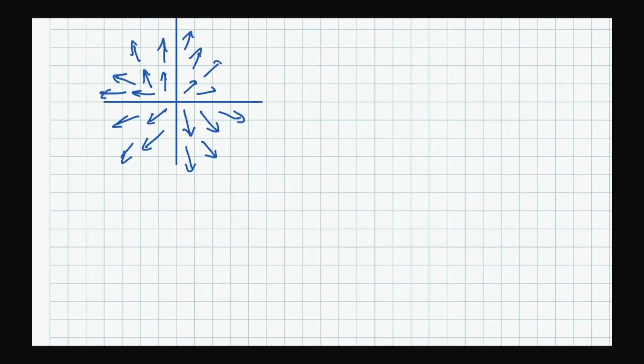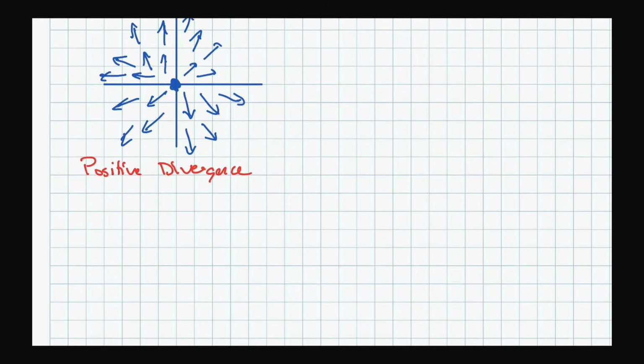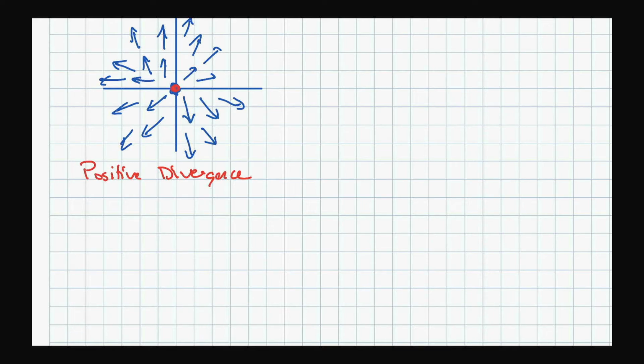Hopefully you can see that at the center here, you've got vector field lines heading out from the center, right? That would be a positive divergence at that center. So positive divergence. And that's because if you look at the flow lines, it looks like liquid is flowing out of the center point.